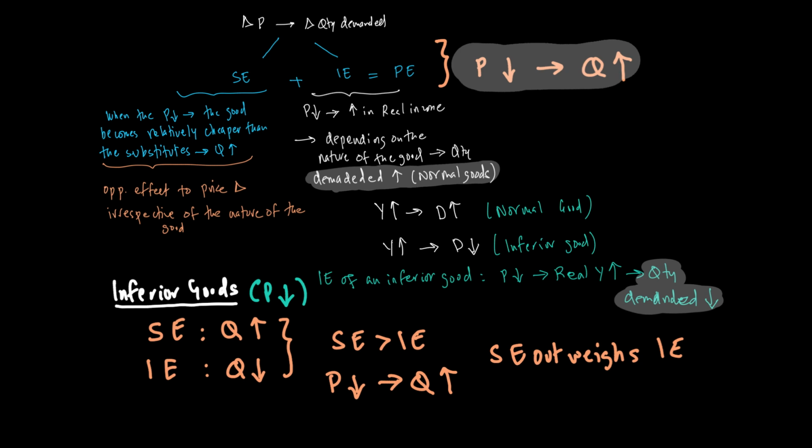So this is the point where we can draw our diagrams and show our income and substitution effect of a price change. I am focusing on a price fall for normal and inferior goods, and we can show how when the price of a good goes down, the quantity demanded will go up, showing income and substitution effect.